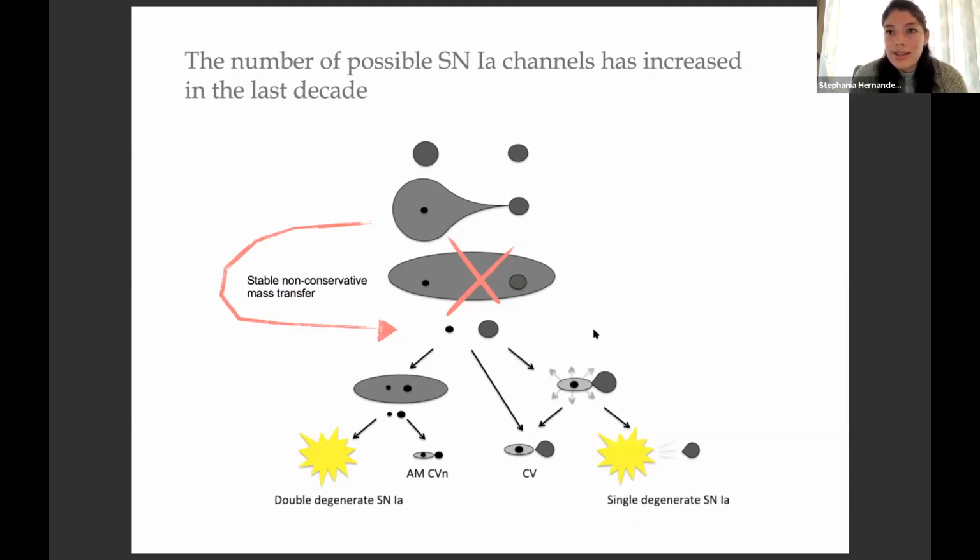This mechanism can then produce eccentric close white dwarf binaries with long orbital periods. These binaries can later evolve through the double degenerate channel and produce the supernova Ia explosion.